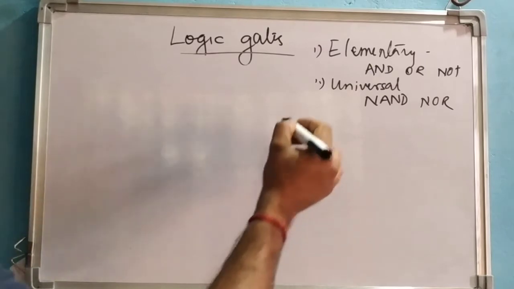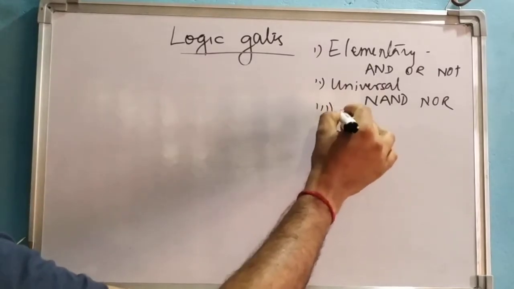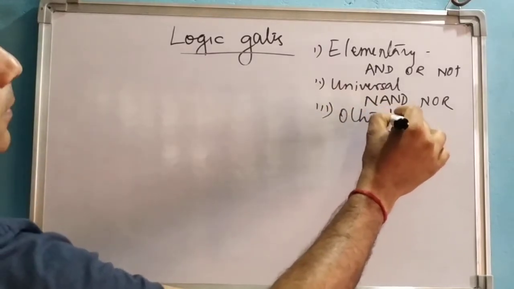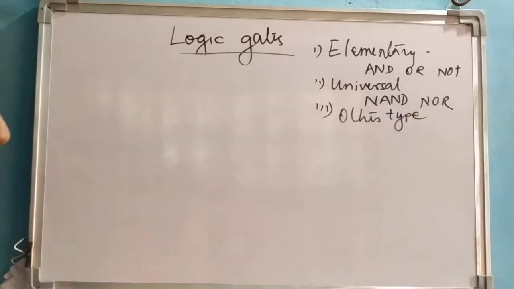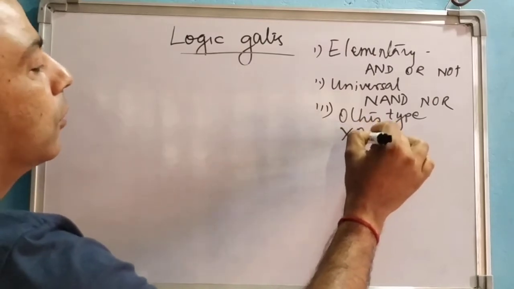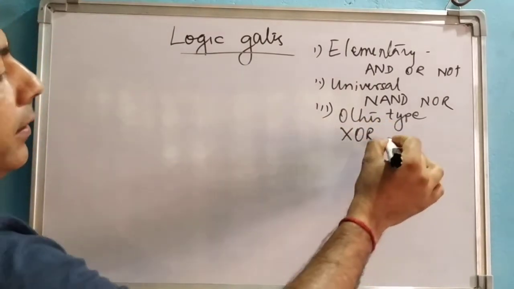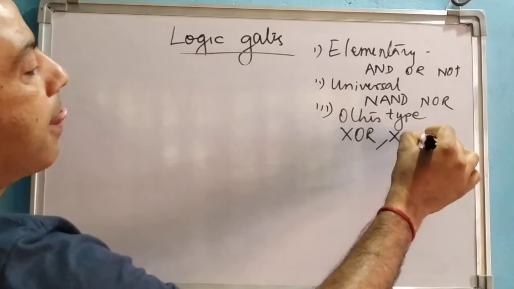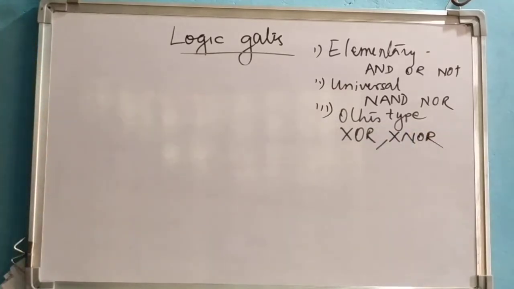The third type is other gates, where you have XOR and XNOR. So these are the different types of gates.